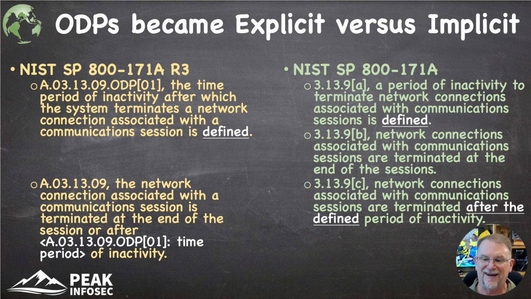And now you see that the ODP has been blended into the control requirement. So we took what was implicit from Rev 2 and made it explicit. Every time you're going through an assessment with a C3PAO against Rev 2, this is why we're asking, where did you define that? Because it's an implicit organization-defined parameter.